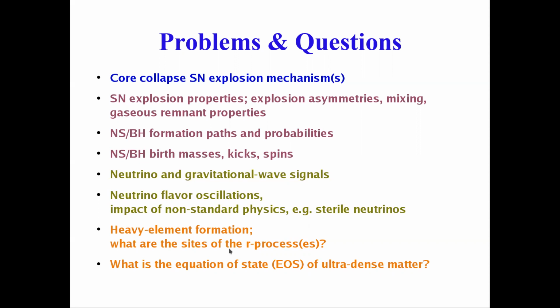We think that the main site of r-process formation may be neutron star mergers, but there could be exotic, very rare supernovae which could contribute, in particular in the early universe. And then finally, nuclear physics connected to the equation of state, maybe ultra-dense matter, quark phase transitions. Those can also be studied in the case of a supernova from which we can measure the neutrinos.